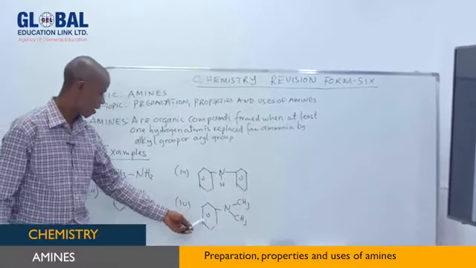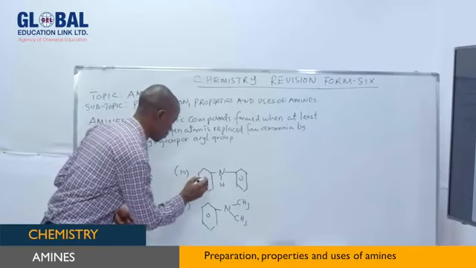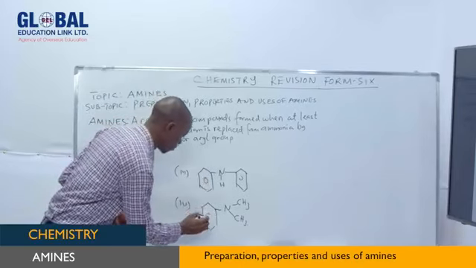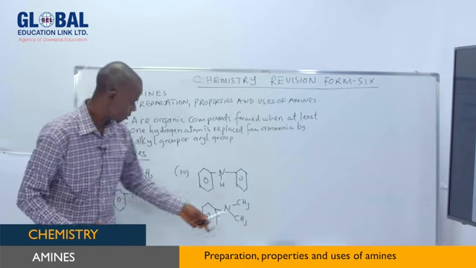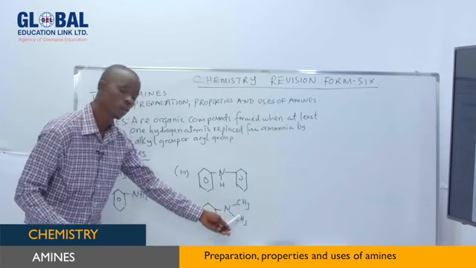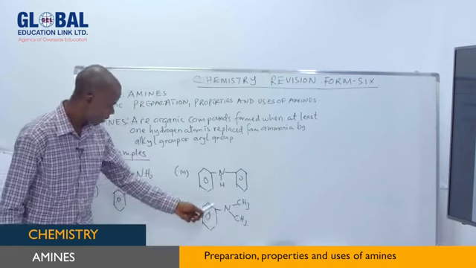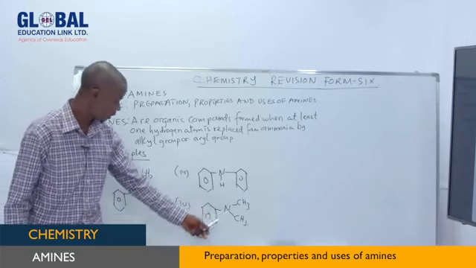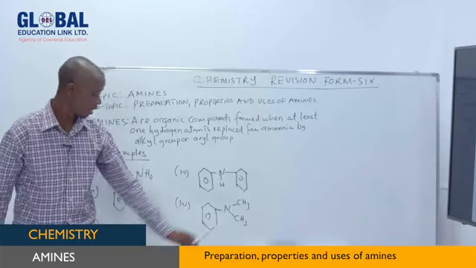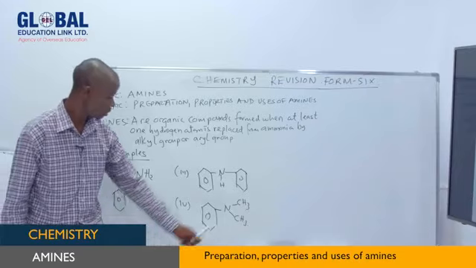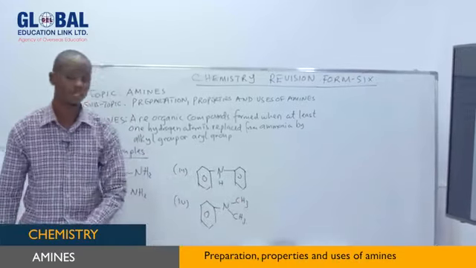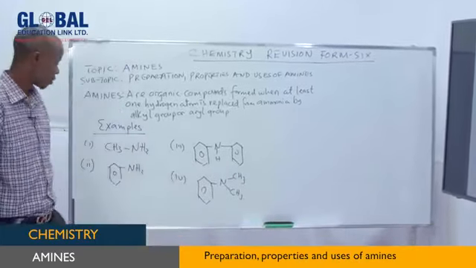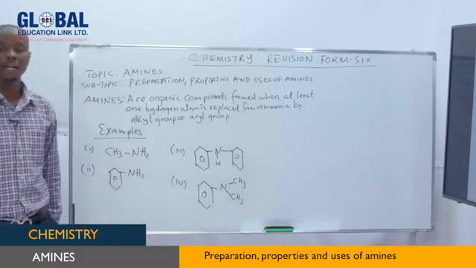This is an alkyl group. These are alkyl groups. And this is an aryl group. So you can see there is no hydrogen atom on nitrogen. That means all the hydrogen atoms have been replaced from nitrogen. So these are examples of amine.